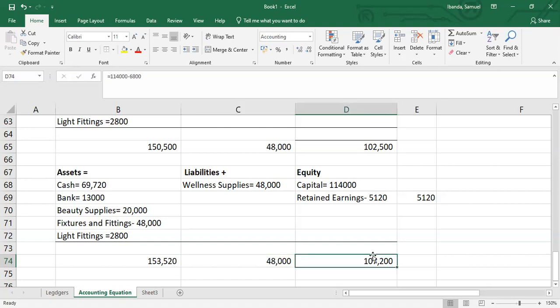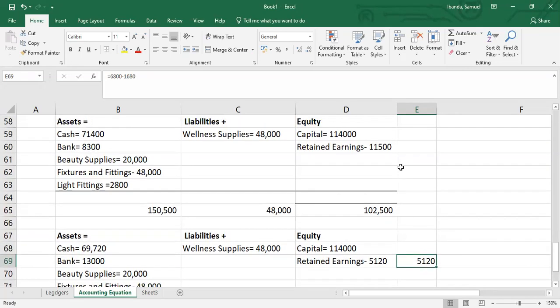When we come here, our total of equity will be the 114, which still remains the same, but this time we are subtracting. Sorry, just a moment. This is 114,000 minus... Just trying to confirm.